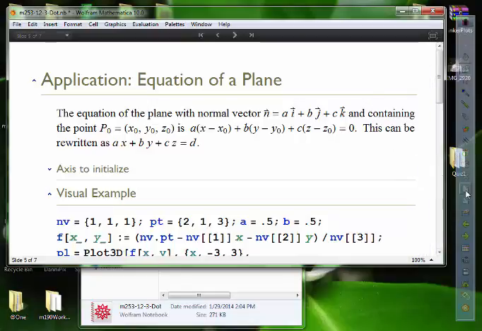Actually, before I copy all this stuff down, let's see if we can generate this idea of a plane. Okay. Let's say you're in space and you have a point in space floating around.